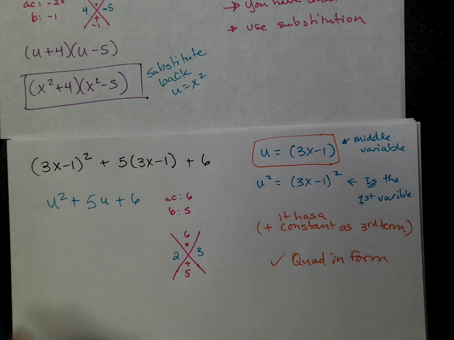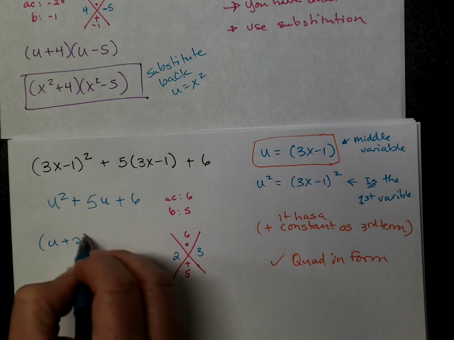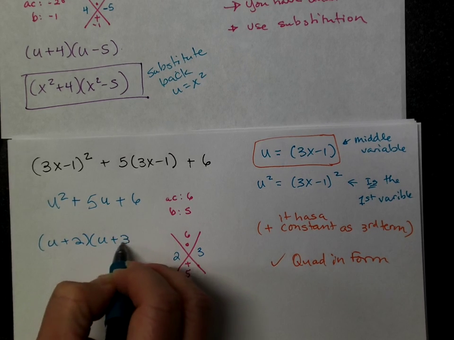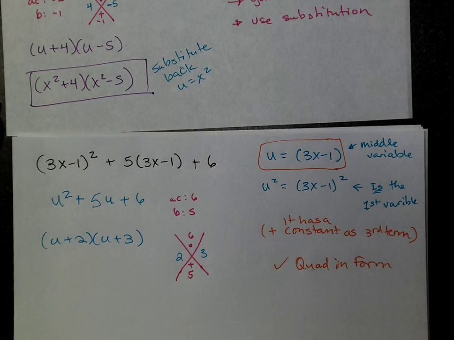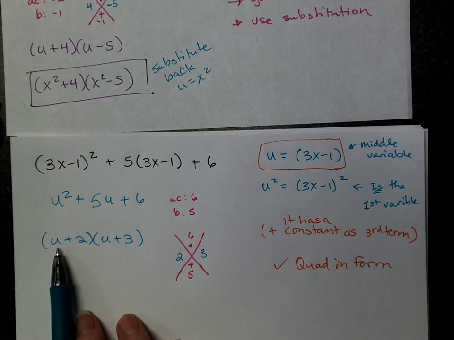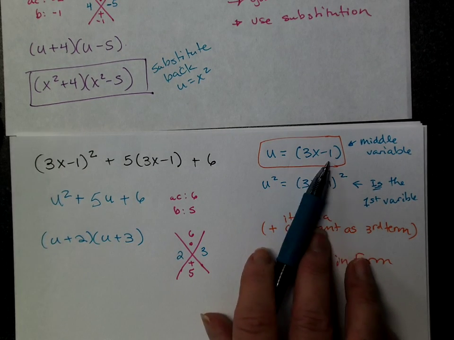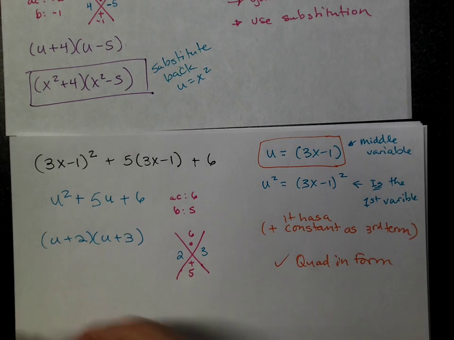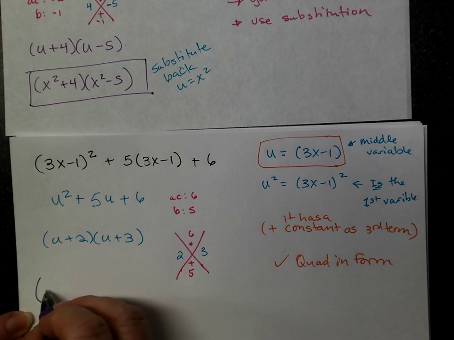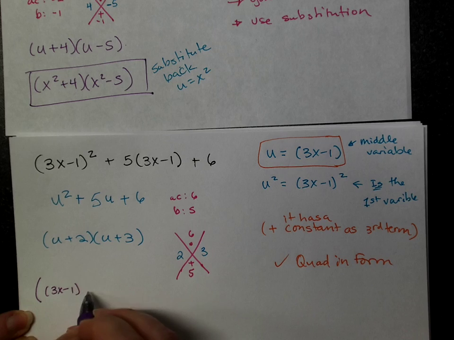You know how in the last one it was to the power of 4, and the other one was squared. This time would we just write x then, to finish it off? So substitute back. When you see a u here, what is u equal to? 3x minus 1. So we write that. Instead of u plus 2, we do 3x minus 1 plus 2.